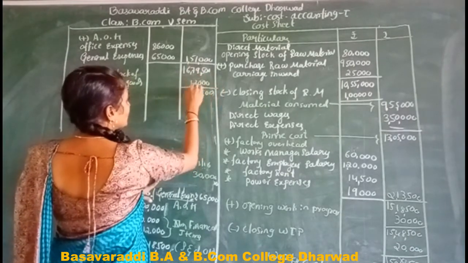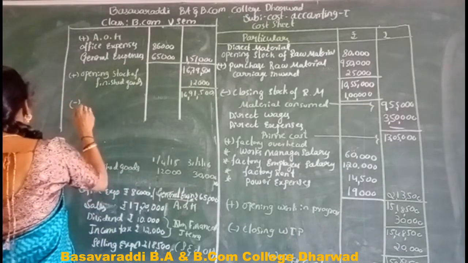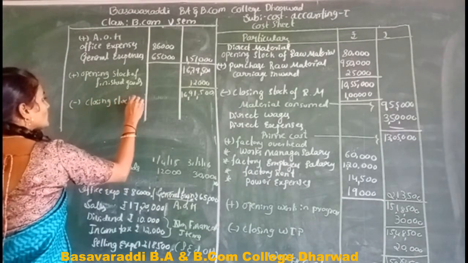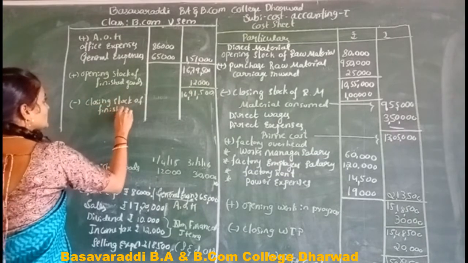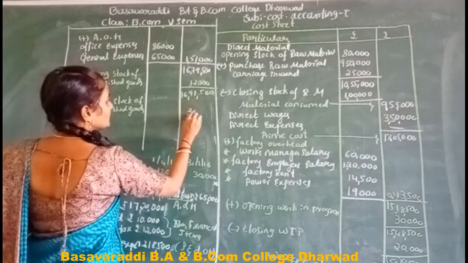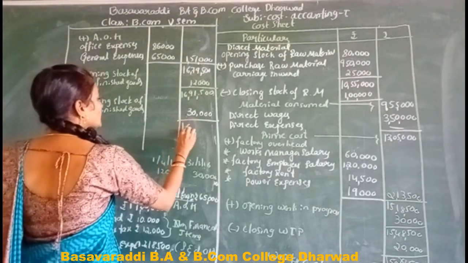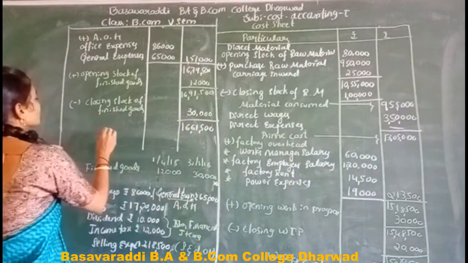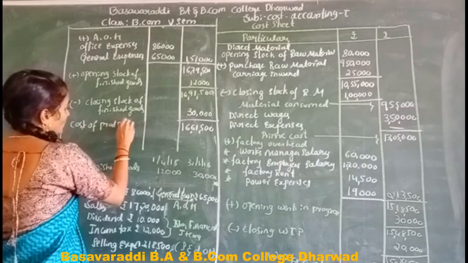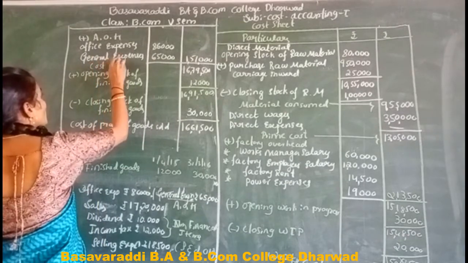That gives 16,91,500, less closing stock of finished goods 30,000. 16,91,500 minus 30,000 is 16,61,500, which is called cost of production of goods sold.